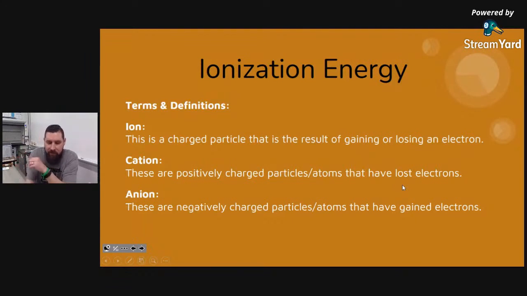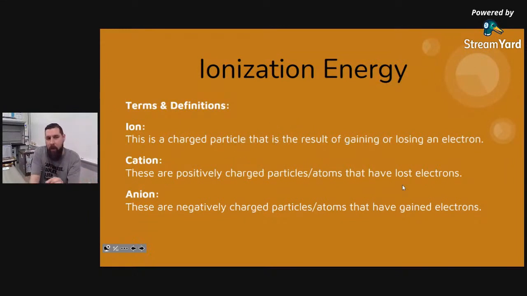So if I'm looking at something, for example, like Ca2+, that positive tells me that I've lost electrons. The 2 tells me how many electrons were lost. Likewise, if I'm looking at something like O2-, the negative tells me that I've gained electrons, and that value of 2 tells me how many electrons have been gained. Okay?